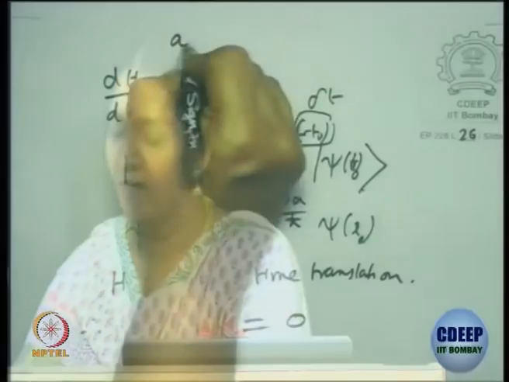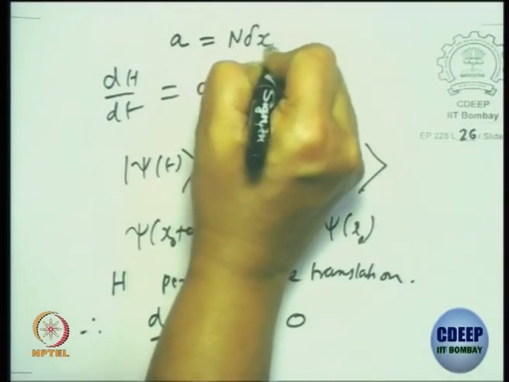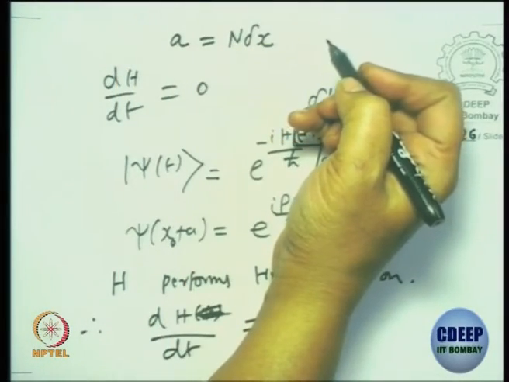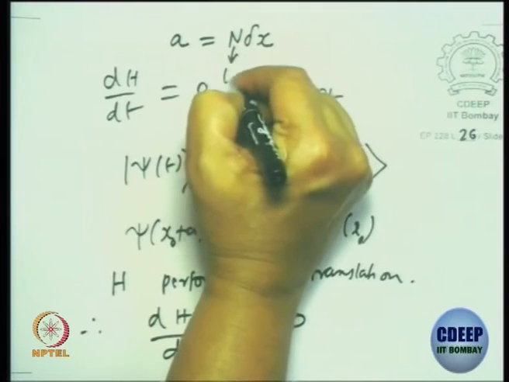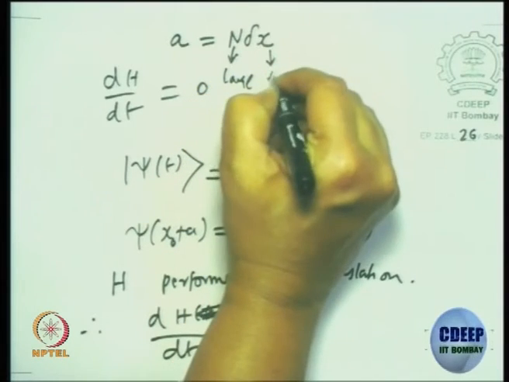For continuous symmetries, translation is a continuous symmetry, and a finite translation by a vector A can be obtained by dividing into infinitesimal delta x done n times, where n is very large. You can get a finite translation as n times delta x, where n could be taken large and delta x is very, very small.